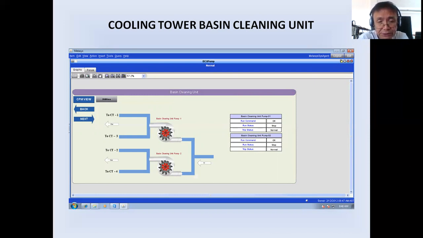So the water there will be stirred up to remove this sand at the bottom of the basin. Then there will be a filter to filter this dirt that is accumulated in the basin of the cooling tower.